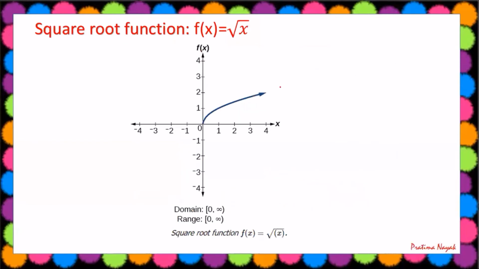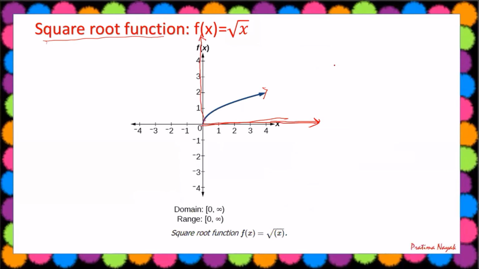Next is the square root function. f(x) is equal to root x, the square root function. So for the square root function, the graph is like this. That means on the x-axis it is extending in the positive direction only, and the y-axis also is extending in the positive direction.